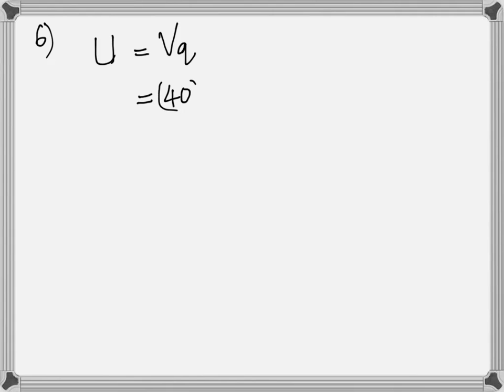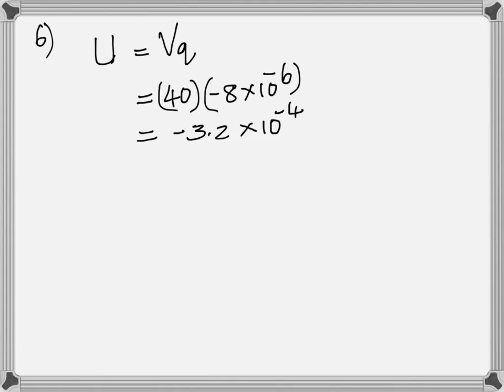Number 6, you have to find the electrical potential energy. If you do not read the question, you don't get it. The relation between potential energy and potential is given there.